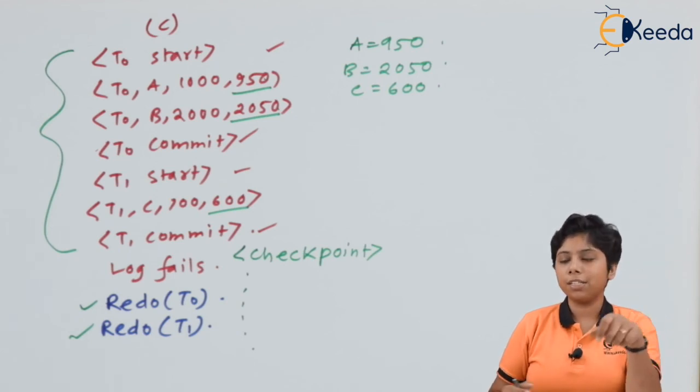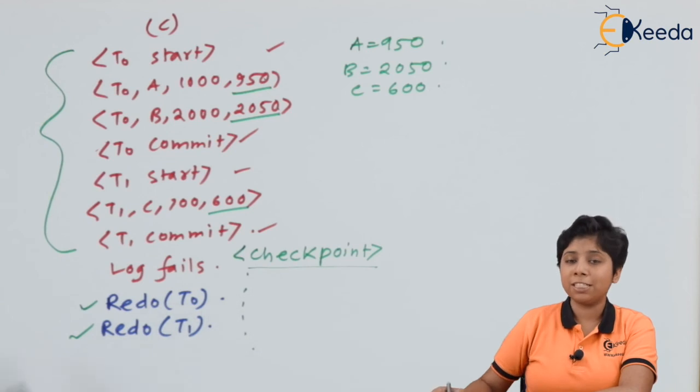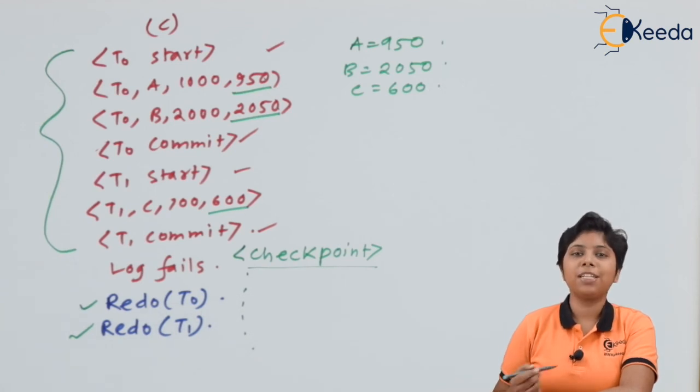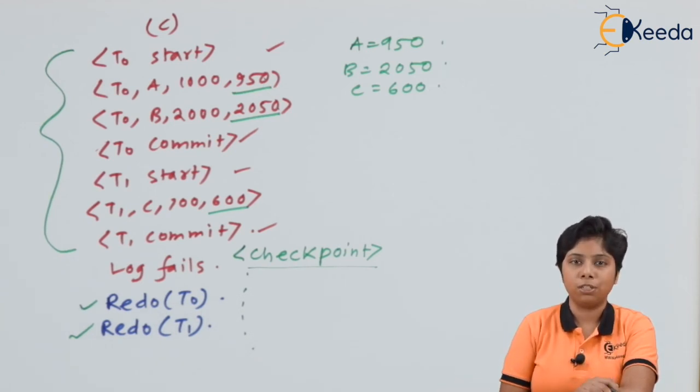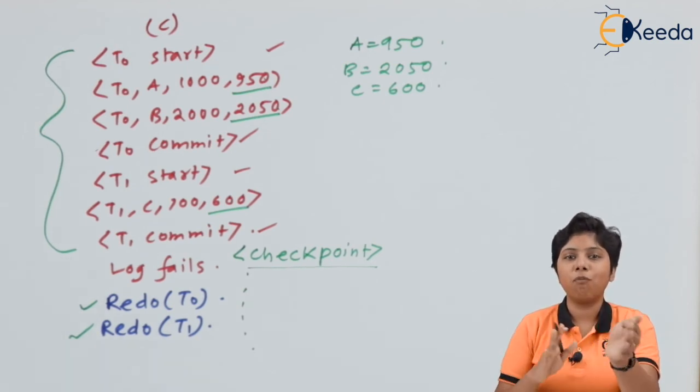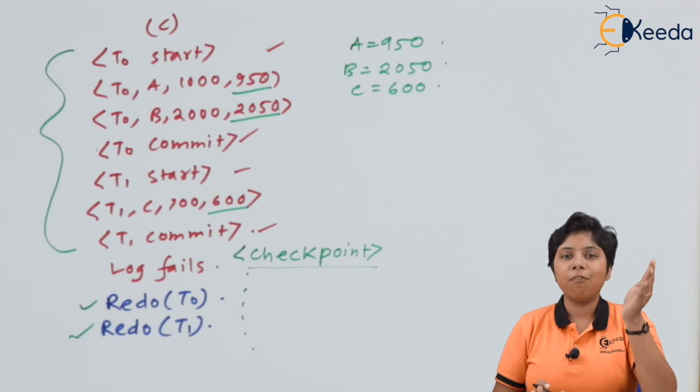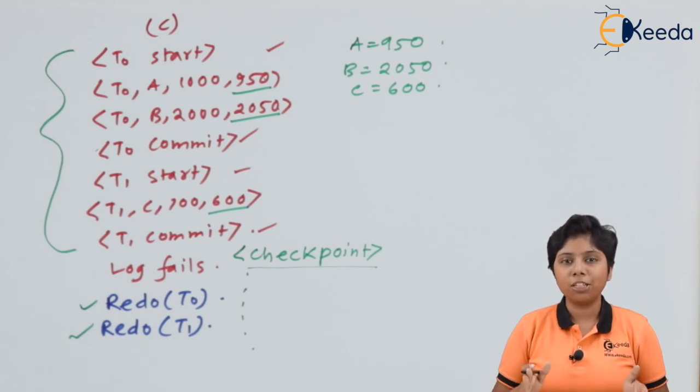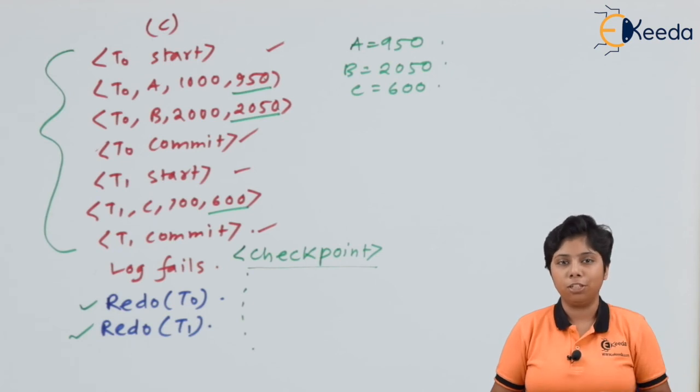So by introducing the checkpoint in the log, we can take advantage of these two situations. Now our search becomes small because we will search from one checkpoint to another, and if we know which section the checkpoint belongs to, then we can search only that portion, not the entire log.